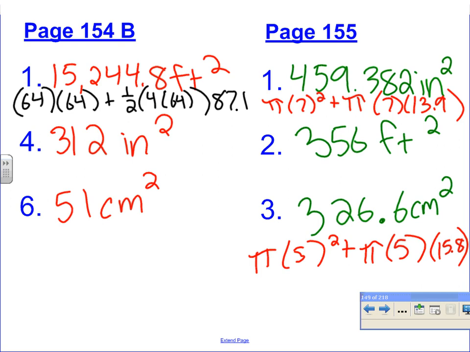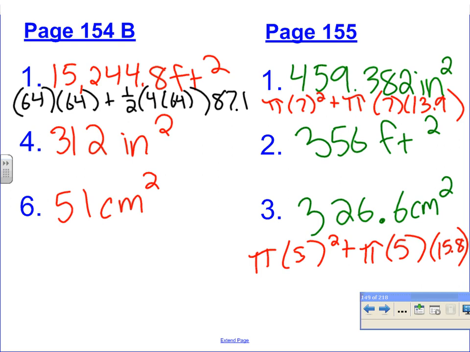Okay, so then after you simplify each side, you have 4,096 for the left side. Okay, close enough. Plus the right side, 11,148.8. That's why. It's the wrong formula.